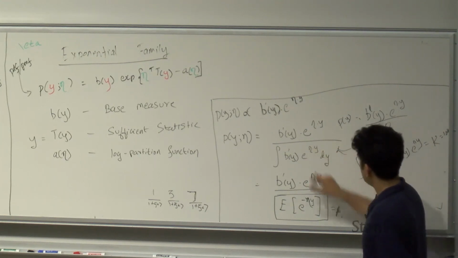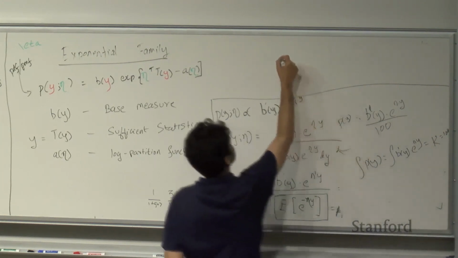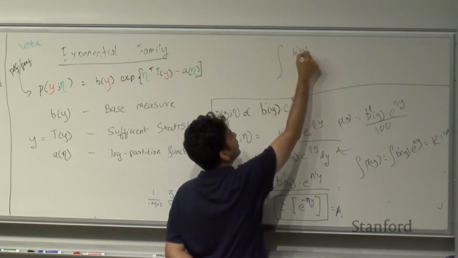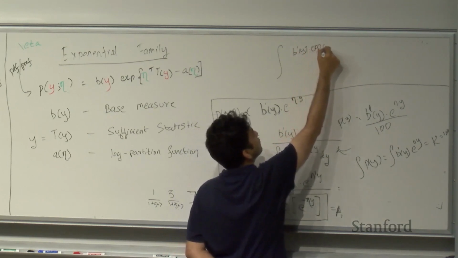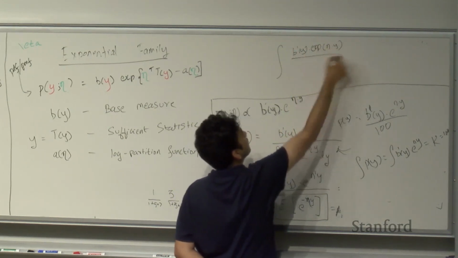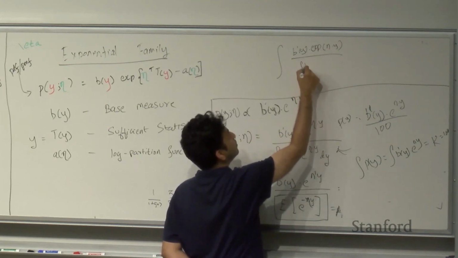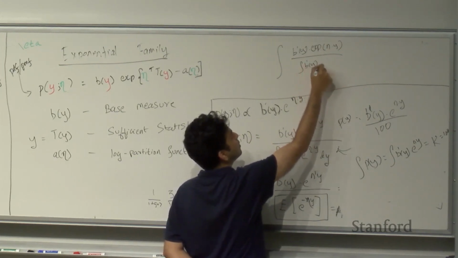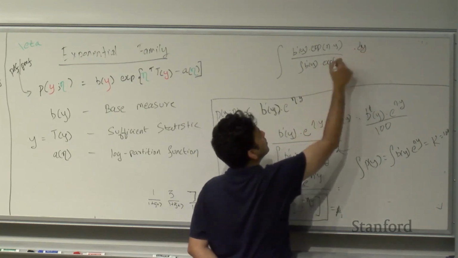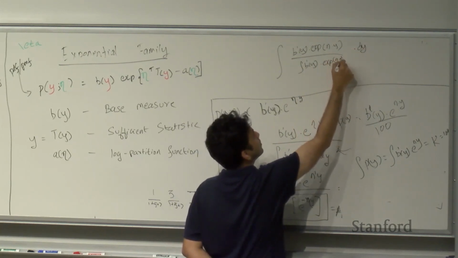So the integral of b prime of y times exponent of eta times y, divided by the integral of the same thing over y.